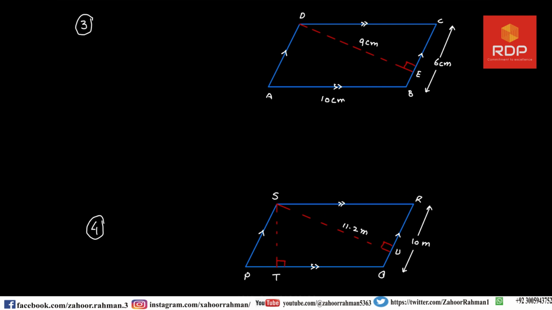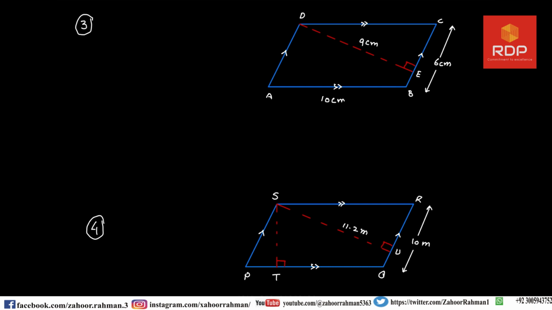How? The third question is saying the figure shows a parallelogram ABCD, where AB is equal to 10 centimeter. You can see at the bottom line that AB is equal to 10 centimeter, and similarly they are saying that BC is equal to 6 centimeter.